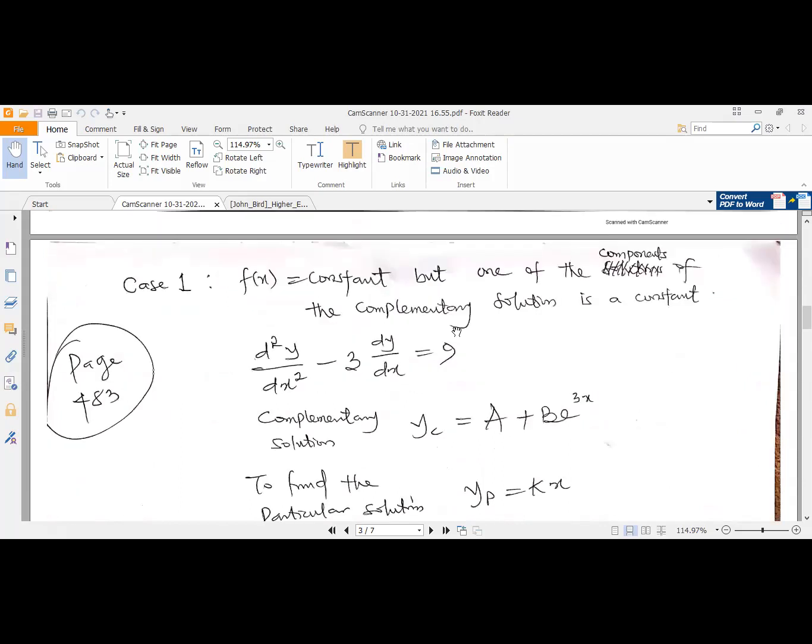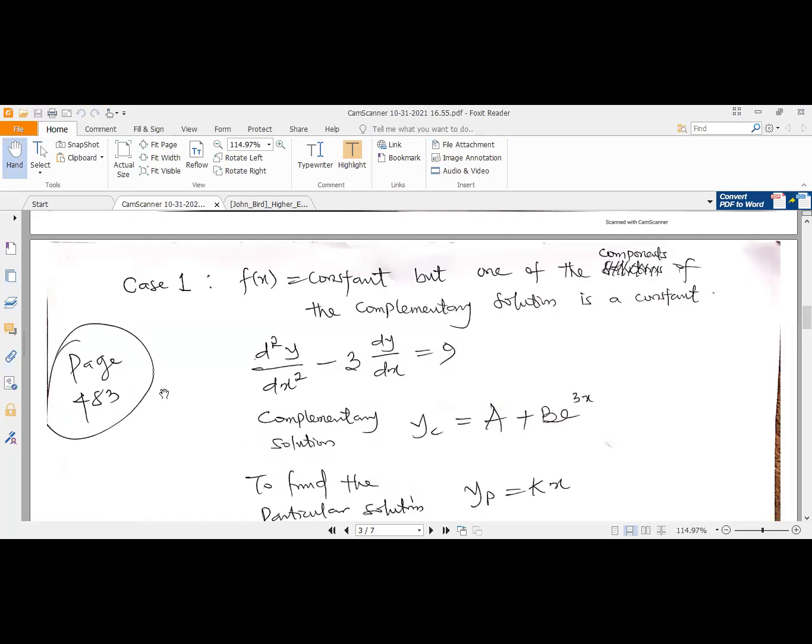Let's go to the second case now. This is case 1, where f of x is a constant. But one of the components of the complementary solution is a constant. What do I mean by that? When you solve and obtain the complementary solution here, you will see that your solution will be a plus b exponential 3x.